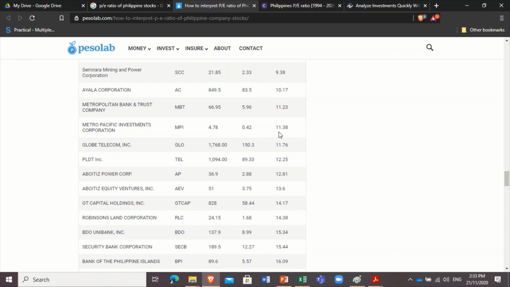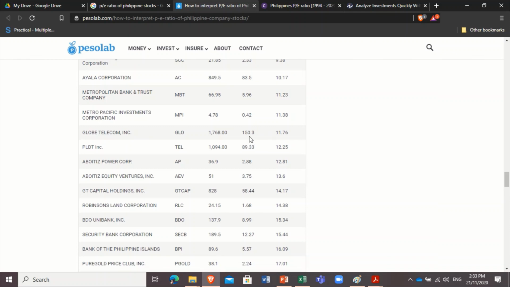Halos same, no? 11.38, 11.76. So you know that this is an overvalued stock sa lagay na yan, ano? Hindi sulit yung babayaran mong 4.78 for this kind of earning. So, ang point is, you go for a higher EPS with a lower price to earnings per share.